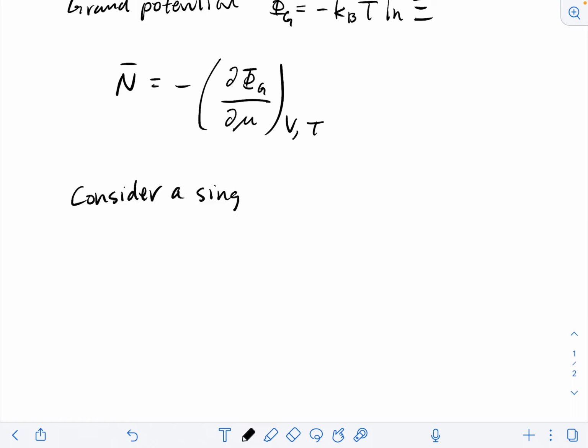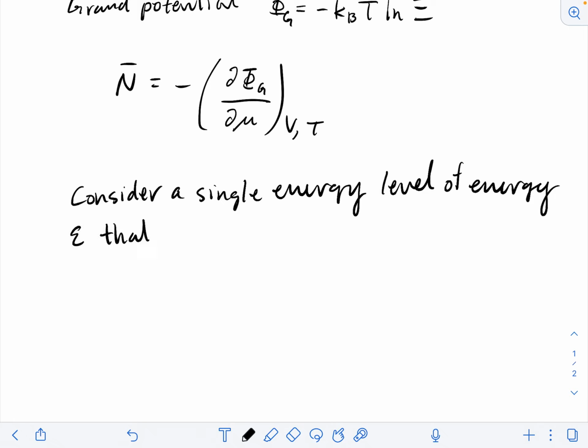So let's consider a single energy level, and we'll assign this energy level an energy of epsilon. And let's say that this level can be occupied by either 0 or 1 particles. So we're going to try to put fermions in this energy level, and there can only be 1 or 0 fermions in this energy level.